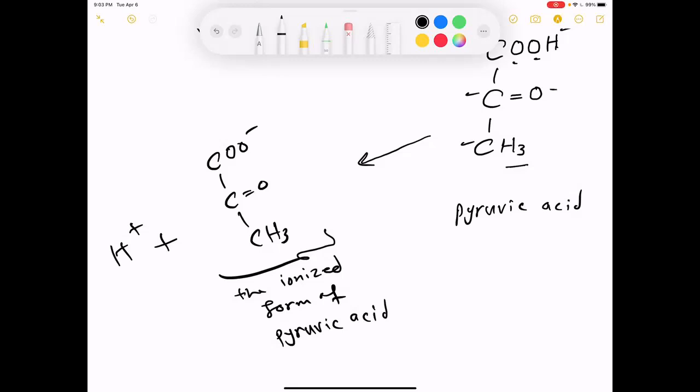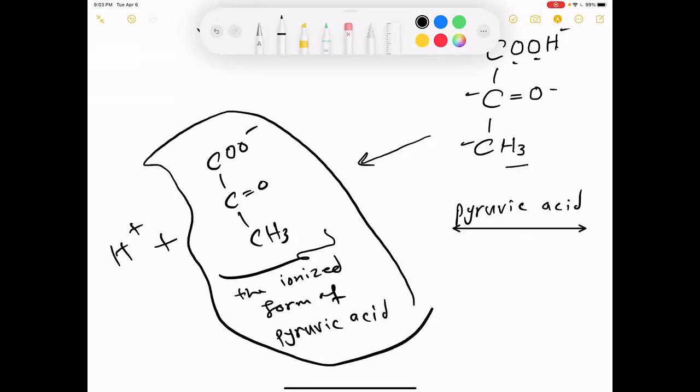So when you read anywhere, just know the difference between the two. It is pyruvic acid, but it doesn't stick around for long. Pyruvic acid is short-lived. It's going to become pyruvate because it will ionize, because it is an acid, and that's what acids do in aqueous environments.